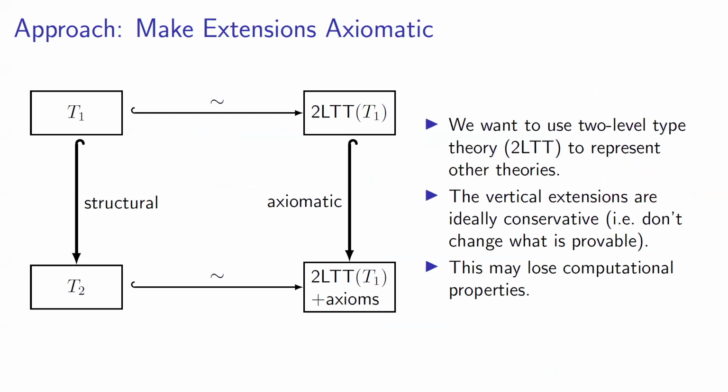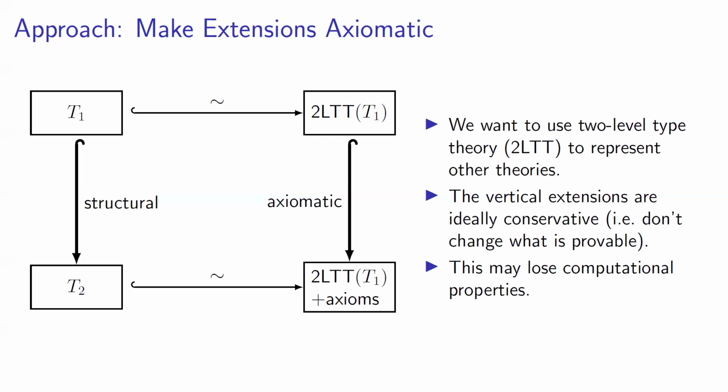Since I find axiomatic extensions easier than structural extensions, my approach here is that I want to take a structural extension like T1 to T2, and I want to present it as an axiomatic extension. And the way that we want to do this is to say, well, let's go from T1 to some two-level type theory over T1.